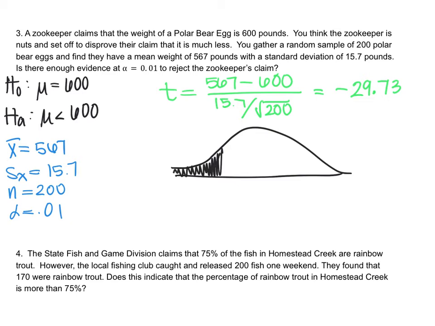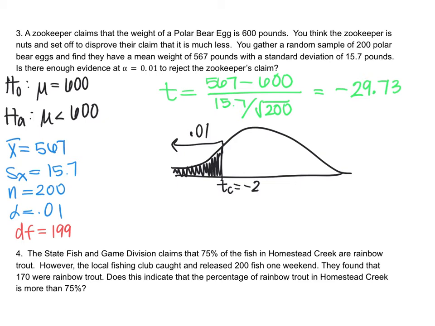So our test statistic is going to be negative because we're talking about less than. So alpha 0.01, and then our degrees of freedom are 199, so we're just going to use 100 because that's the closest value in our table.